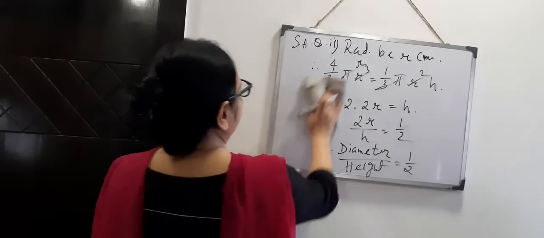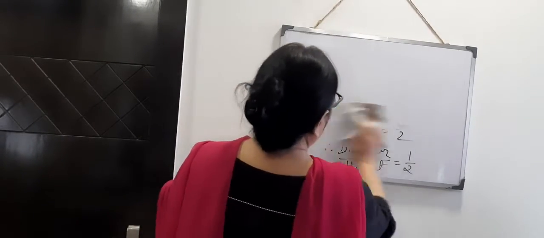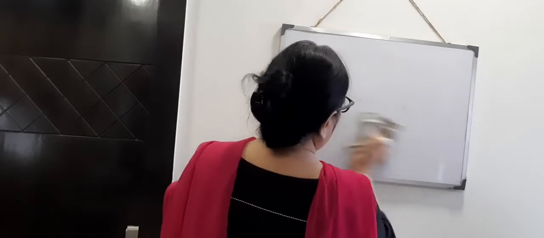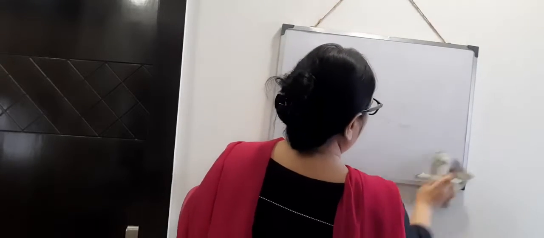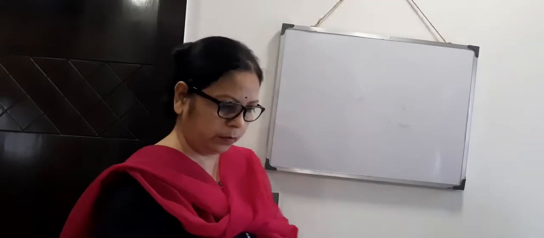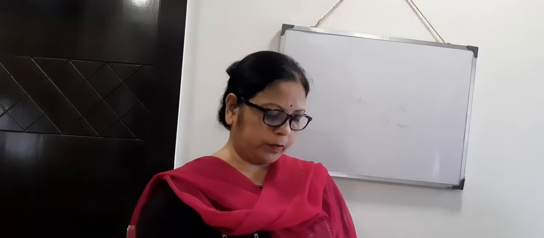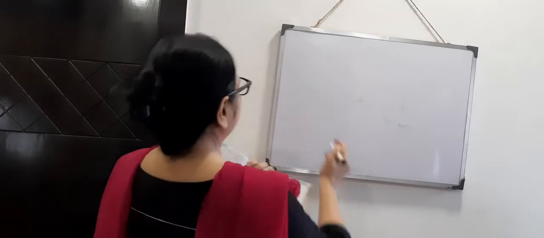Next one, number 3. Determine the ratio of the volumes of a solid right circular cone and solid sphere of equal diameter and equal height.